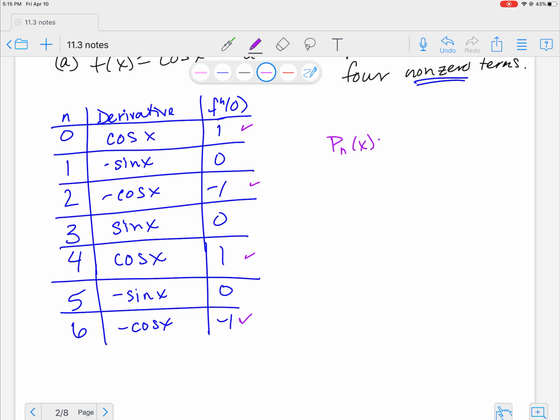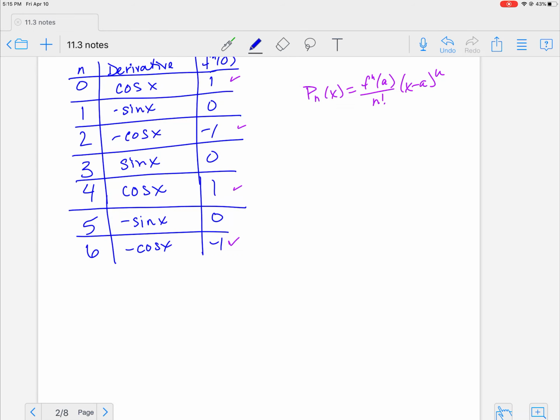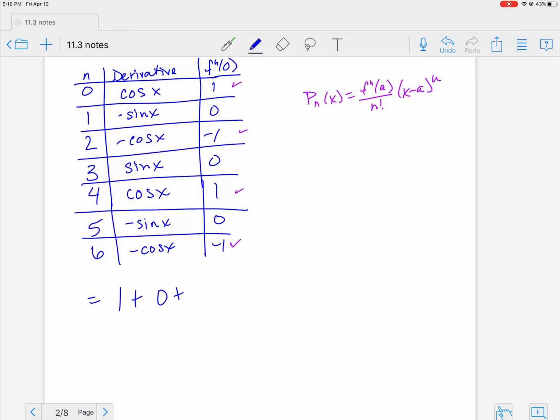So we know that our polynomial formula here is going to be the nth derivative at a over n factorial times x minus a to the n. So that's what I'm looking at for my polynomial, right? Let's do it. My first term, this is divided by 0 factorial, to the 0, all that stuff. I'm just going to put a 1. My second term is 0. 0 times anything is 0. So for now, I'm just putting a 0 in there just so that you can see what's happening.